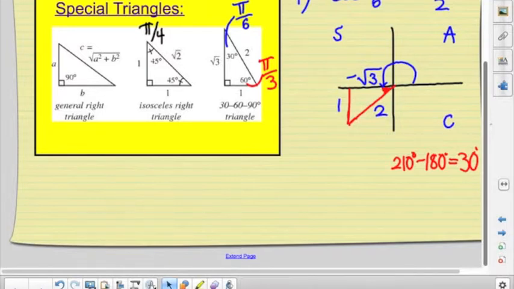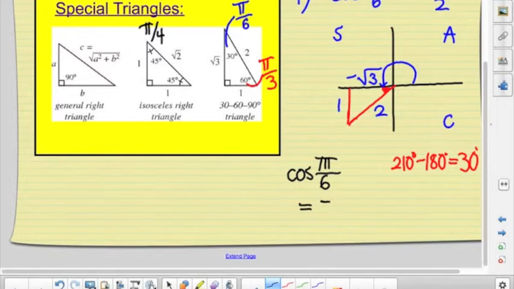This is how you would demonstrate or prove that cos 7 pi over 6 is equal to negative root 3 over 2, because cos of 7 pi over 6 is equivalent to my x over my radius, and my x is negative root 3, my radius is positive 2. So I'm just proving that.